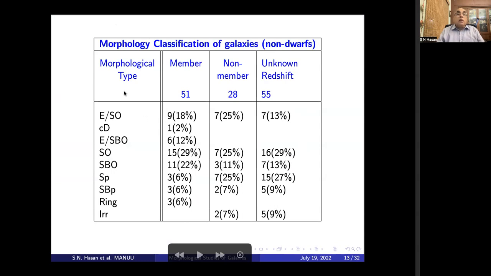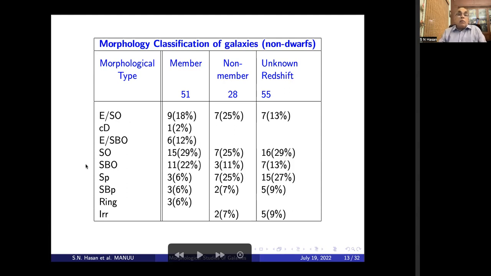This table shows the morphological classification in terms of percentages. So we have the morphological types: ellipticals, lenticulars, cDs, ellipticals with bars, barred lenticulars, and so on. And in the second column, we have the percentages. 18% are ellipticals or lenticulars. cD, they are just 2%.